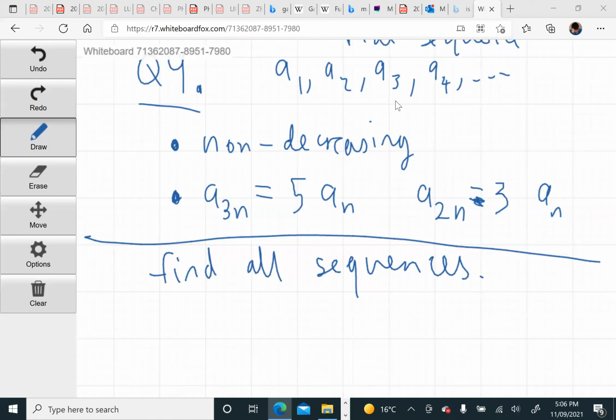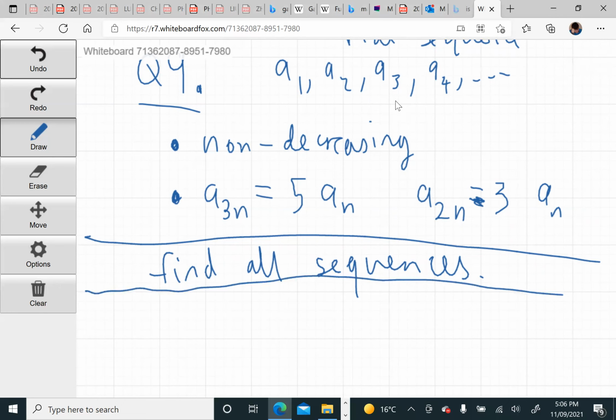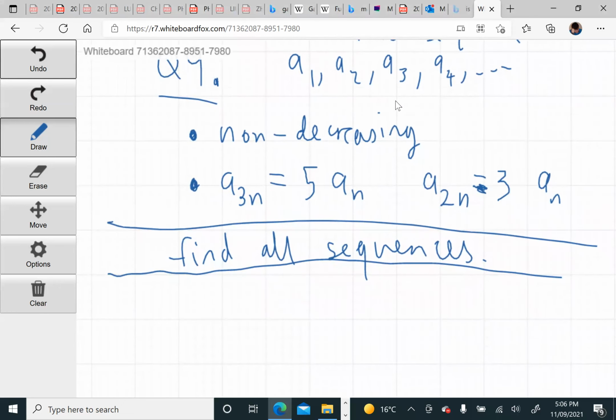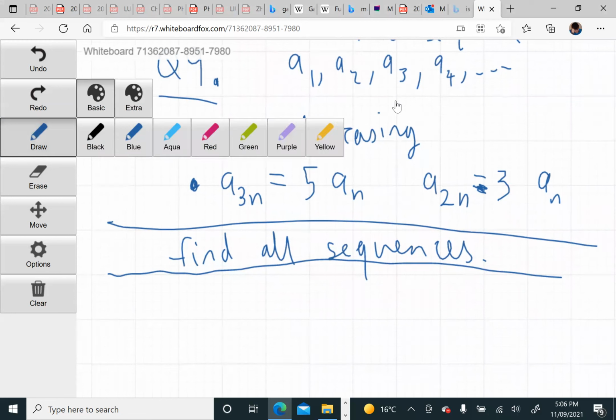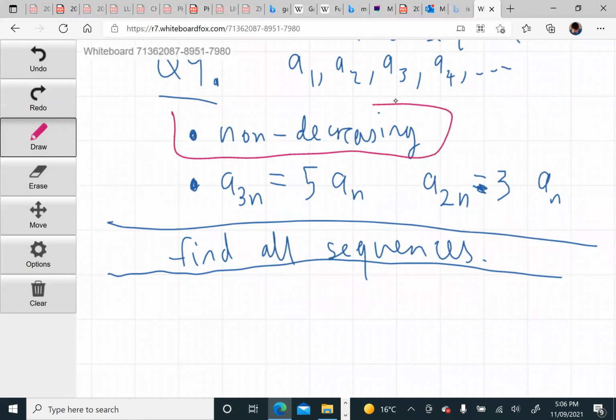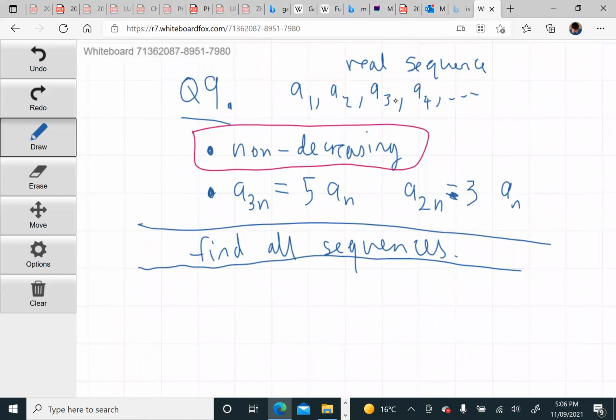Okay. So funny little story. When I looked at this, I didn't even see that it was non-decreasing. So let's just omit this, and I went on to solve the problem without that condition, and it's not actually too difficult.